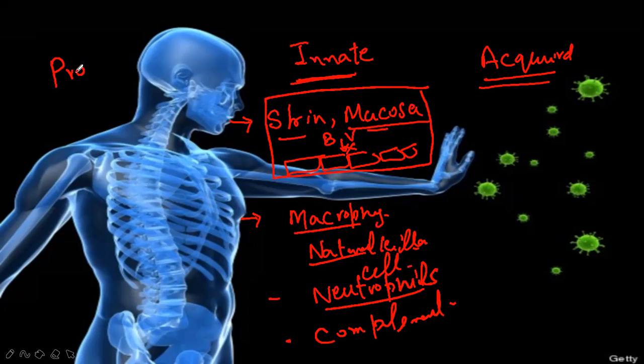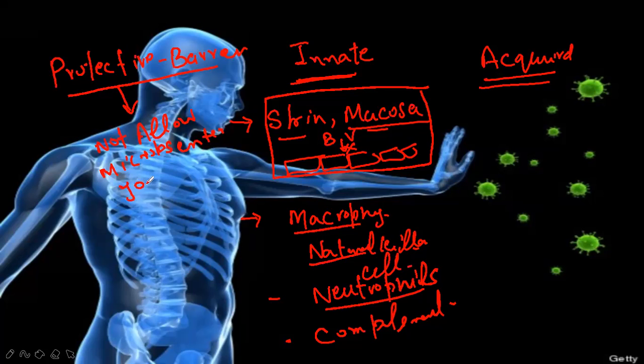The first function of innate immunity is the protective barrier. What is this protective barrier doing? It does not allow microbes to enter your body.